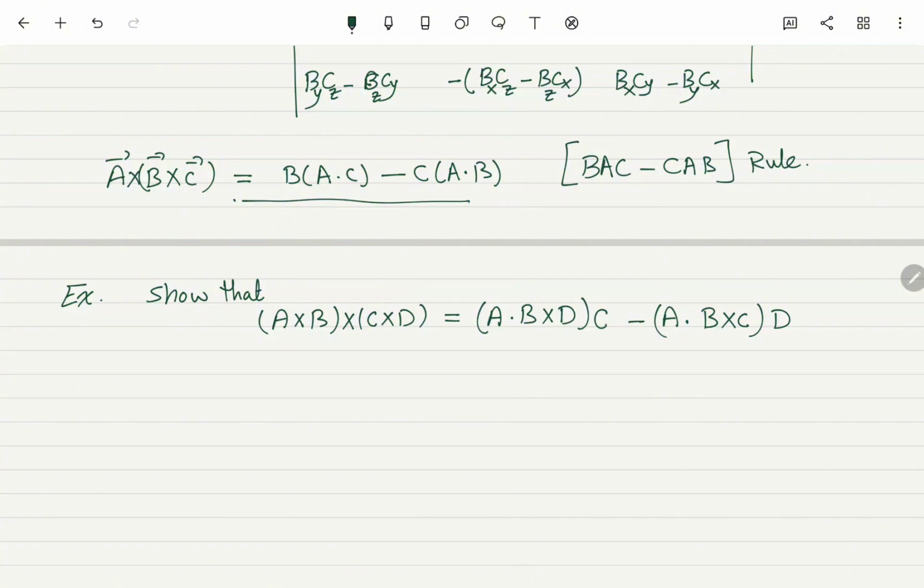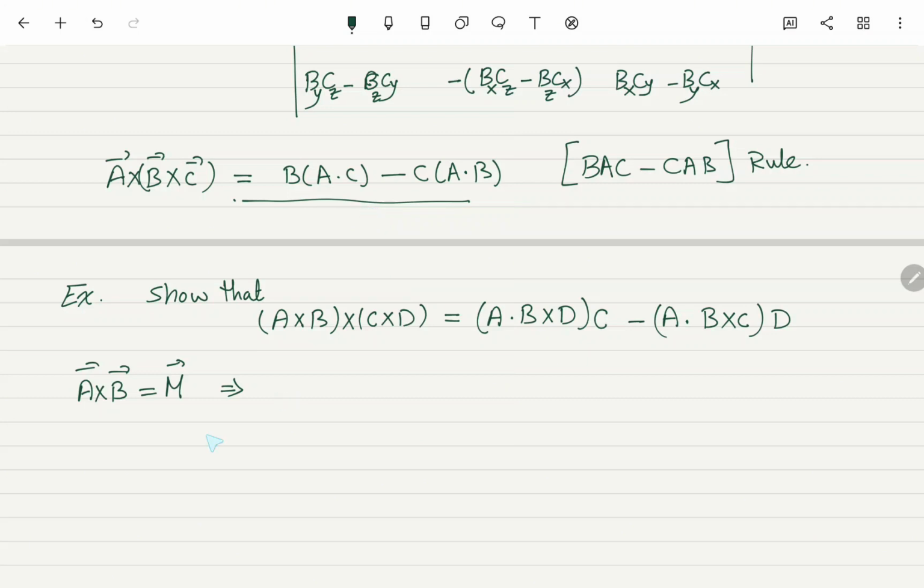But in this case, let's assume that A cross B equals M. Upon substituting, this will be M, so the equation becomes similar to this one, and we can apply directly the BAC-CAB rule.